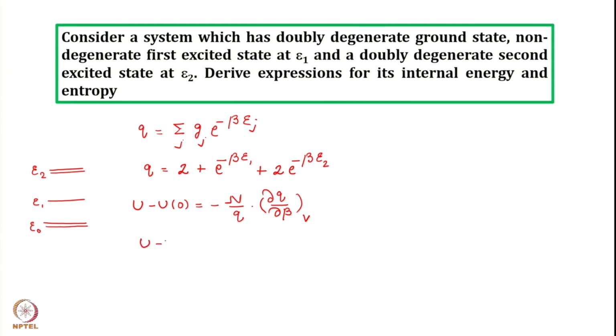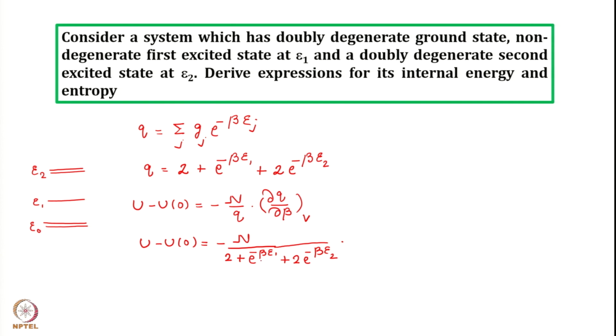U minus U0 is equal to minus N by Q. Q is 2 plus exponential minus beta E1 plus 2 exponential minus beta E2, into derivative of this with respect to beta.